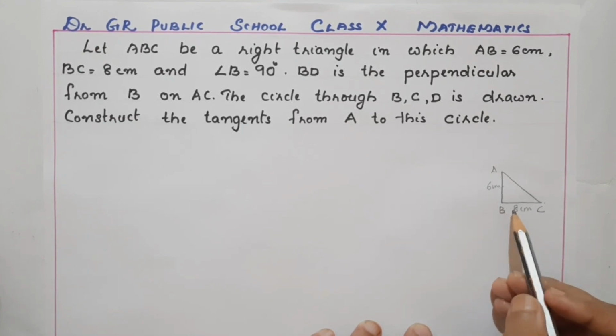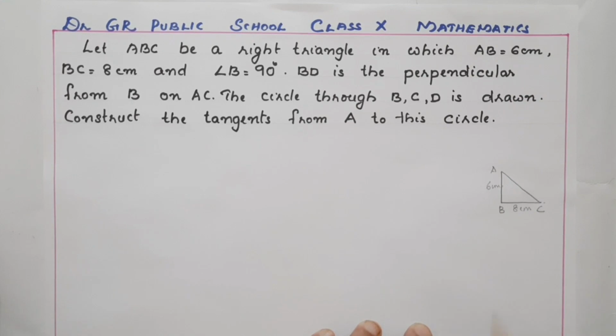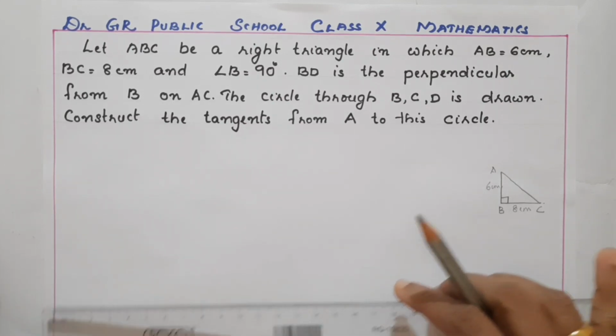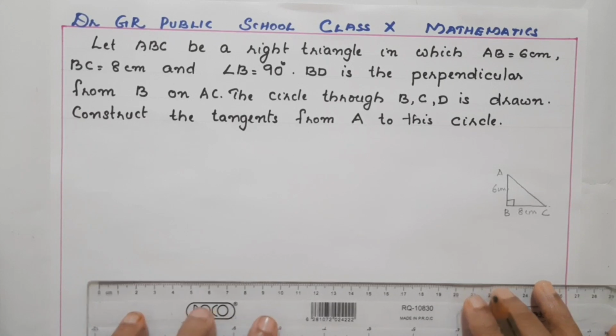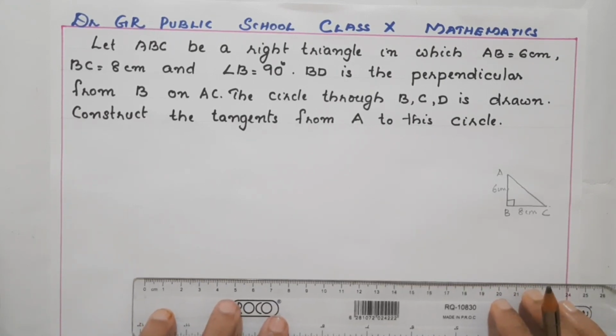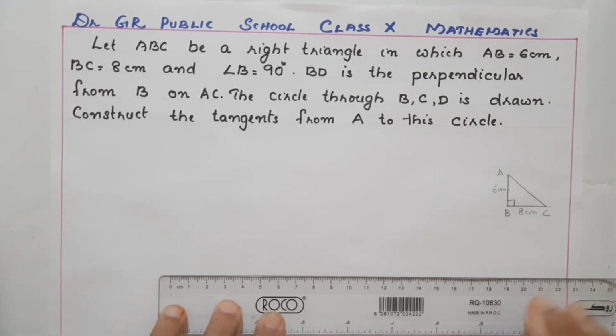Okay. Now you understood that we can start with the side BC. And here it is 90 degree. So we are starting with the side BC. Okay, so let me draw BC with 8 centimeter.